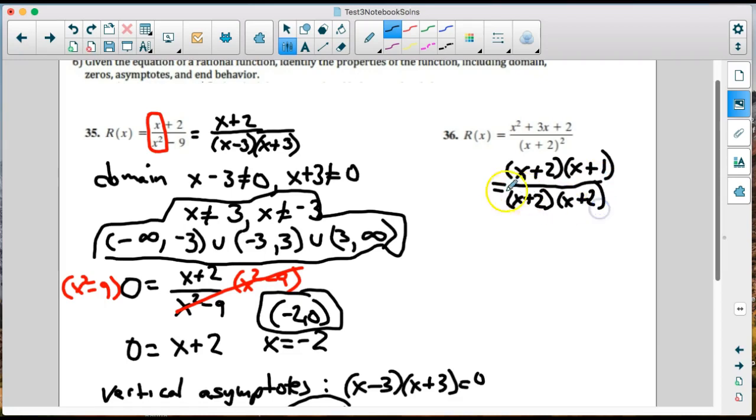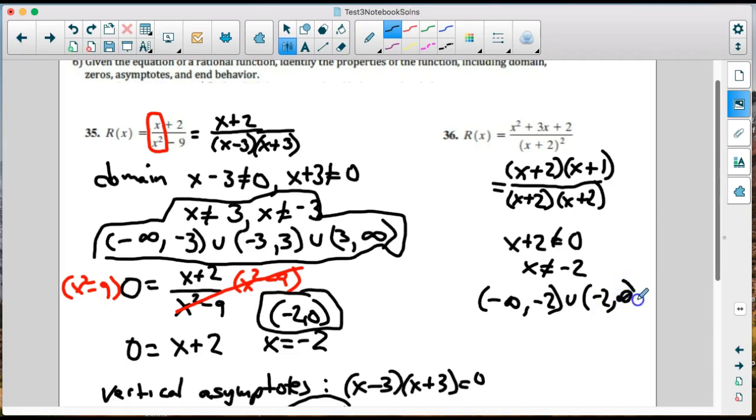Now the domain is restricted by one of these terms. So x plus 2 cannot equal 0, so x cannot equal negative 2. We would have a domain of negative infinity to negative 2, and from negative 2 to infinity, not including negative 2. That would be your domain.